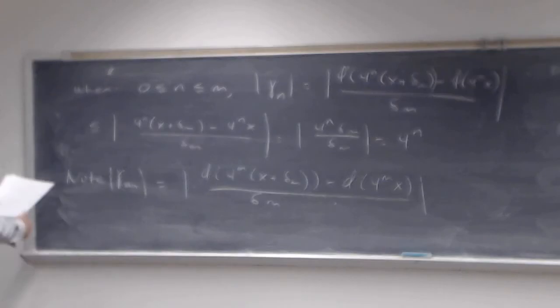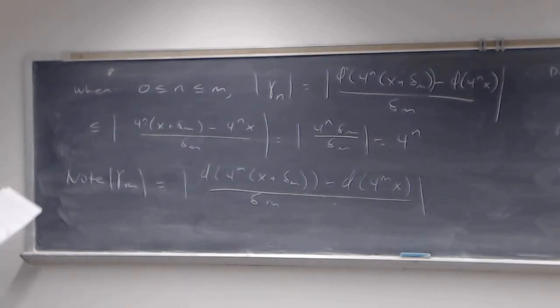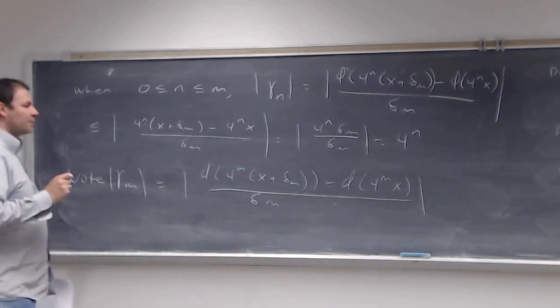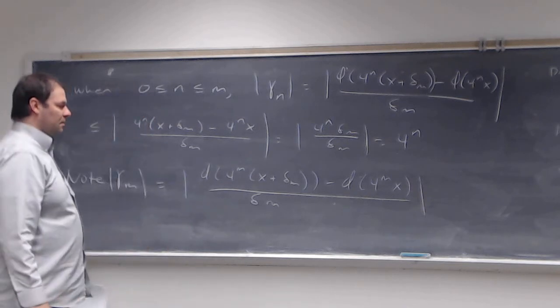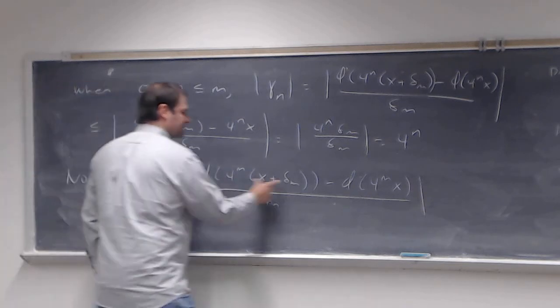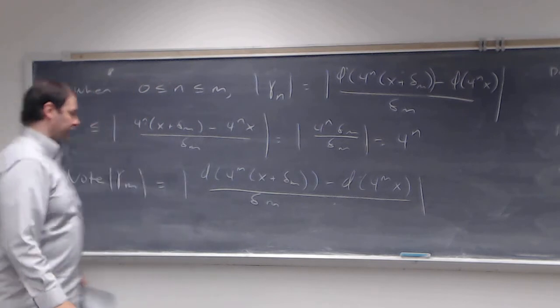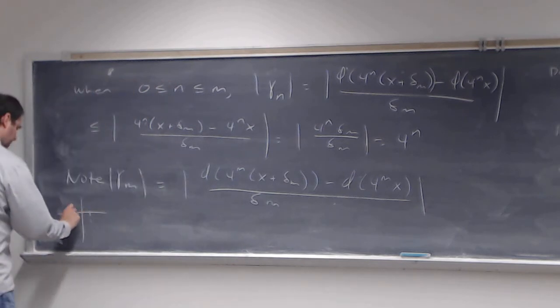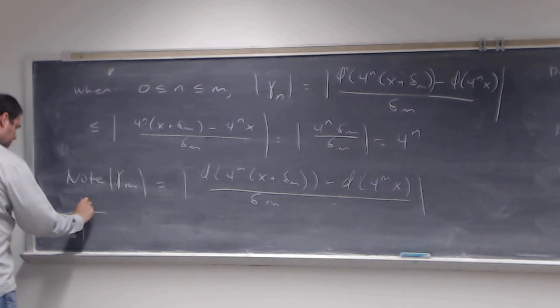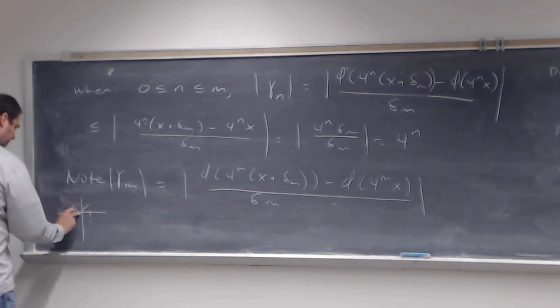Now, what I want to tell you is that we had chosen that delta sub m so that the distance between this guy and this guy doesn't contain an integer. When I look back at that graph of phi, now that's beautiful.